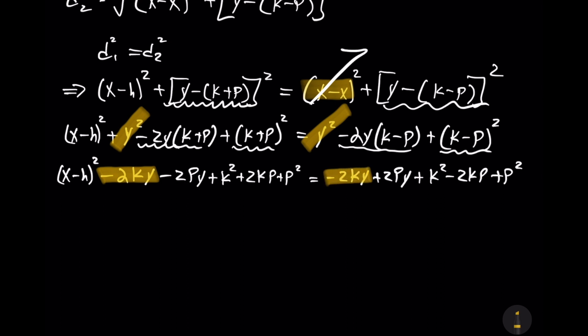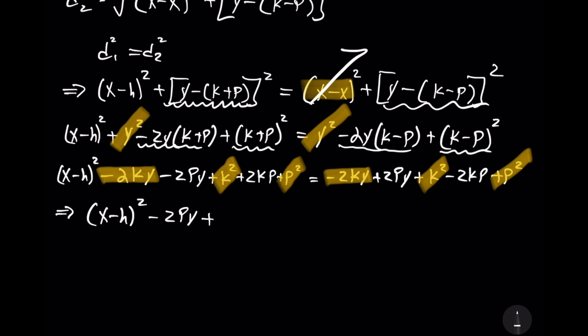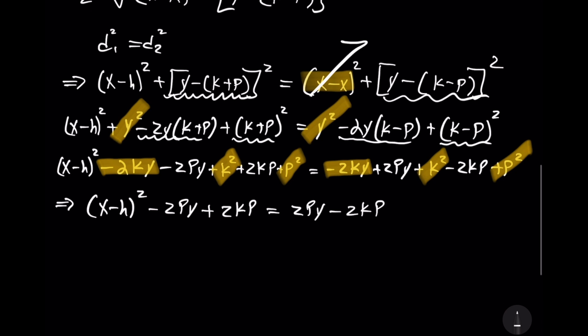Those go away. We have this k squared on each side. We can get rid of those. We have this p squared on each side. Those go away. So presently, we have (x minus h) squared minus 2py plus 2kp is equal to 2py minus 2kp.